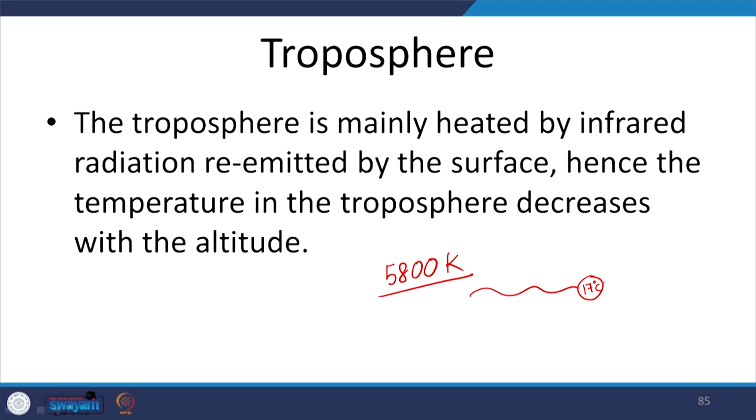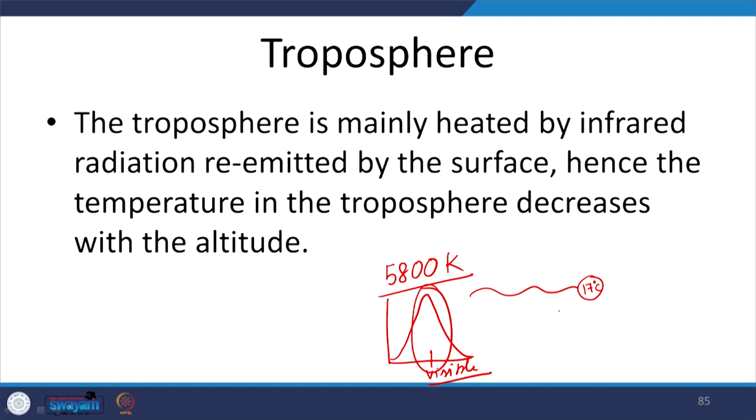Now, most importantly, if you draw a black body spectrum for 5800 Kelvin using Planck's law, the black body spectrum will look something like this with its peak in the visible region. It means that the maximum amount of energy is concentrated here.